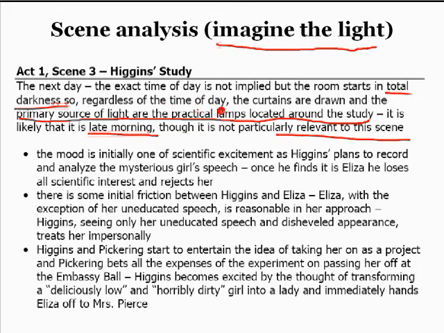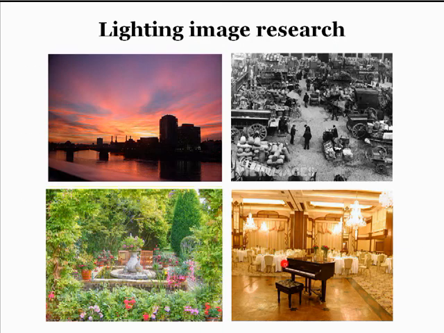Imagining what it means for the study to be lit. How do you want the study to be lit? So that's what you need to start doing once you've read the script. Just for basic notes, you need to do some sort of analysis to start imagining what you want it to look like.